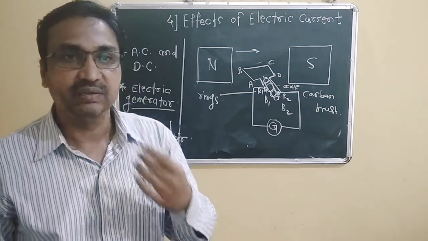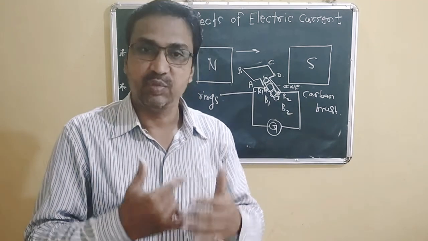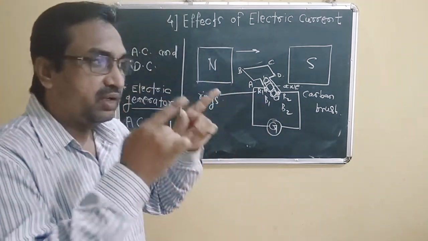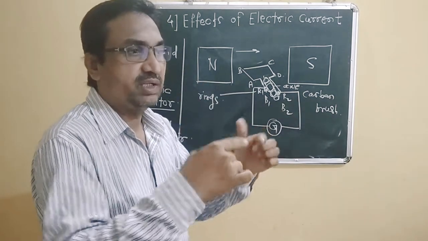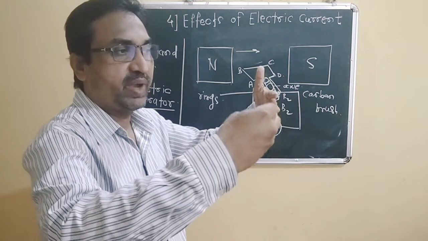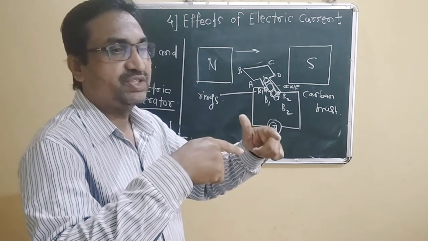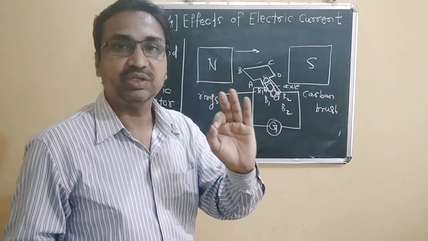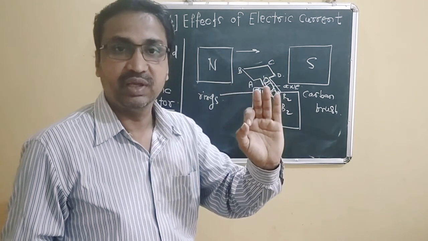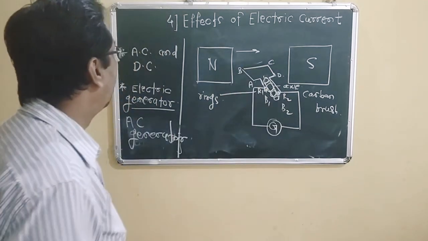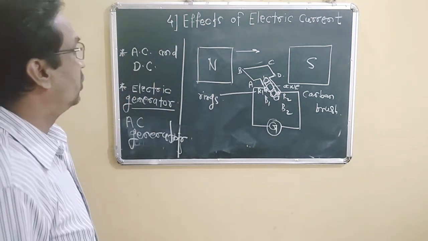And we already know that electromagnetic induction is the phenomenon in which a conductor moving or displaced in a strong magnetic field has current induced in it. We find its direction by Fleming's right hand rule.